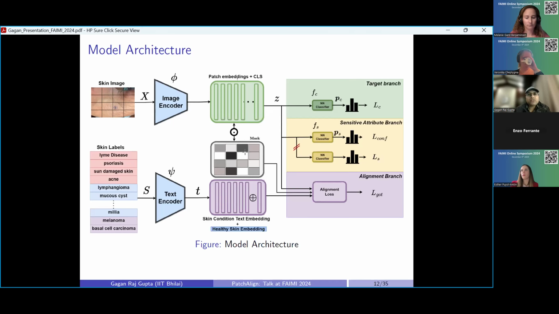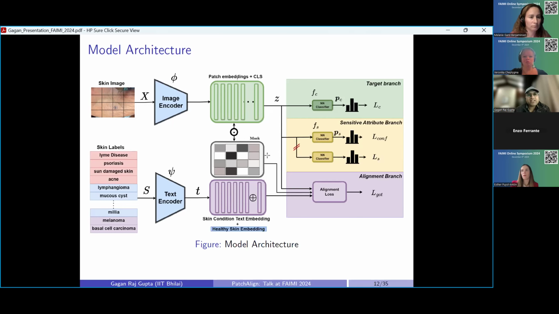But this mask is also learnable, so there is no annotation of the image in our methodology. The mask is also something we are learning on the fly as we are learning how to generate the patch embedding. Similarly, we are also learning how to generate the mask. In other words, those patches which have an interesting embedding, which look like diseases, we would pass them to the alignment branch.